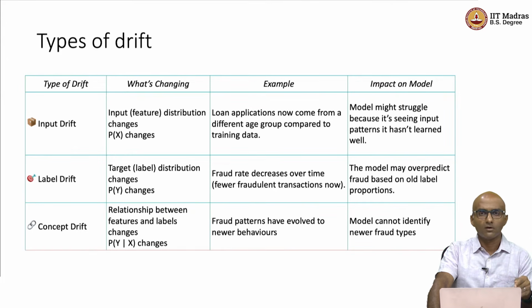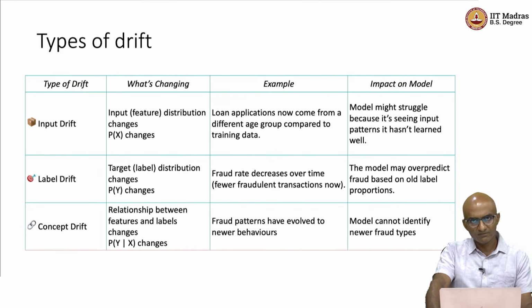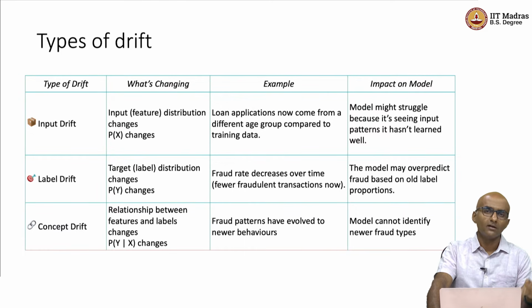Input drift is by far the most common, because the input data sets change all the time. You might find for the longest period of time that the e-commerce shopping site only sees traffic during the evening, because that's when people who come back from work end up shopping for something.